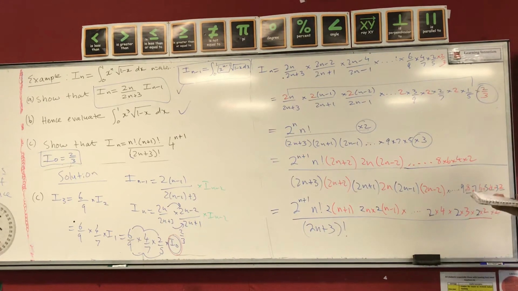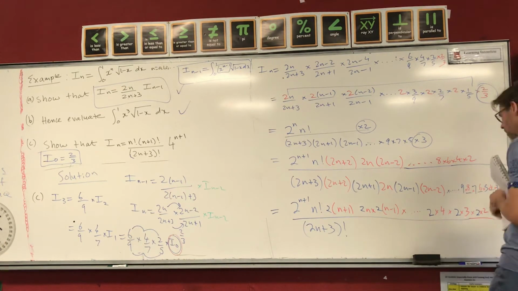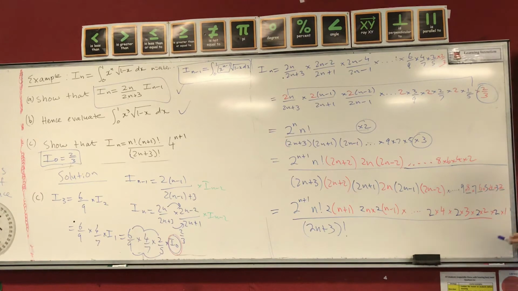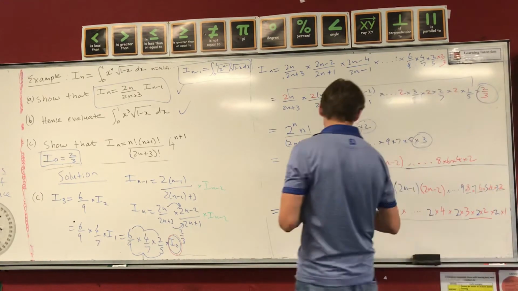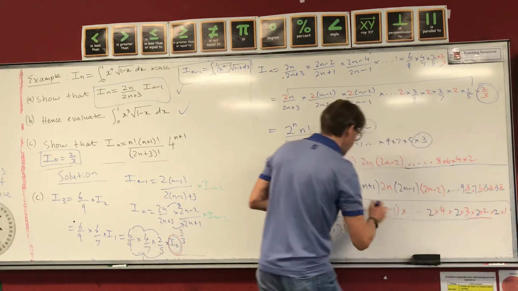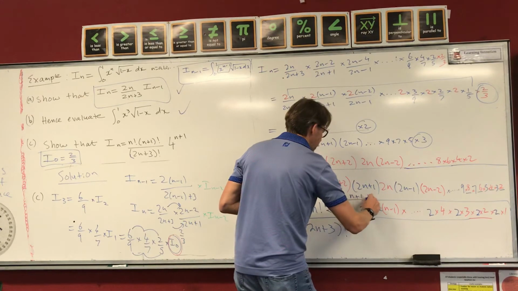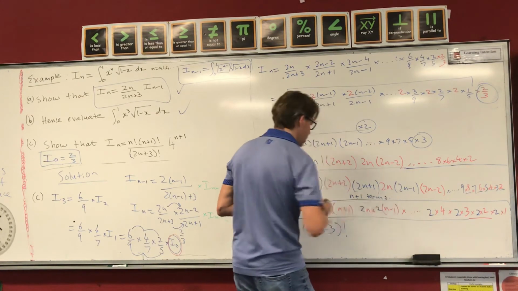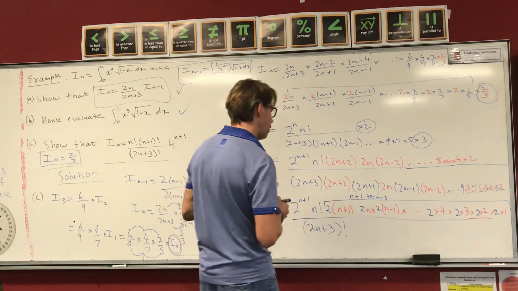And I'll colour this as a 2 as well. And that'll be 2 times 1. Now, count all the way up from 1 up to n plus 1. So if you look at here, I've got n plus 1 terms. So, that's good.